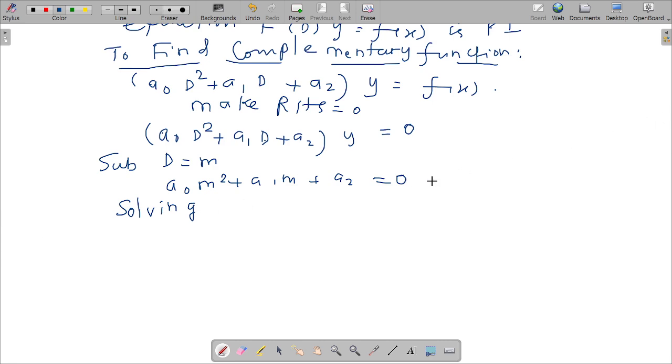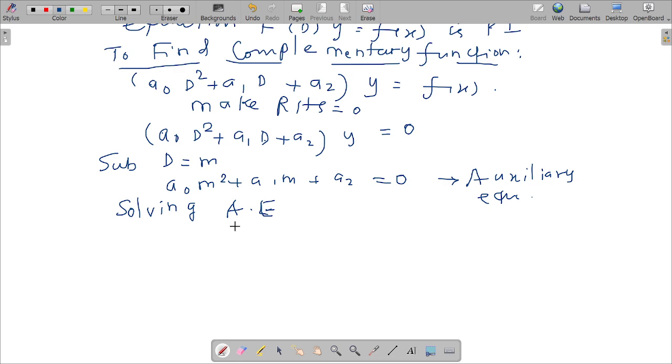This equation is known as the auxiliary equation, simply written as AE.